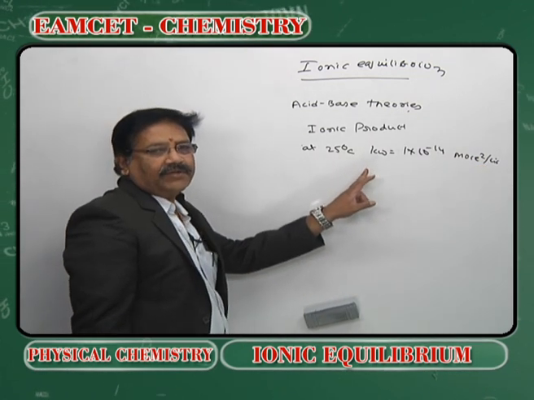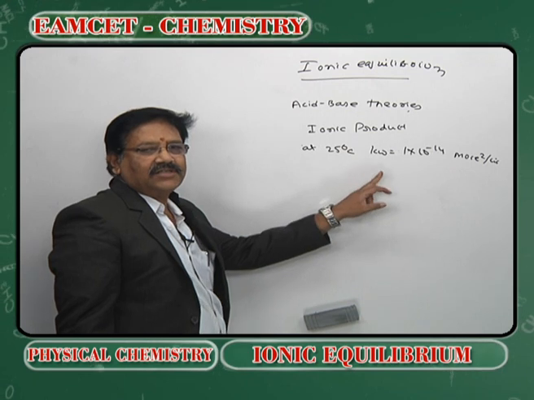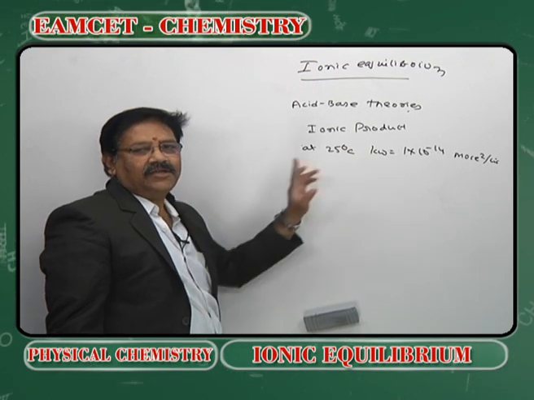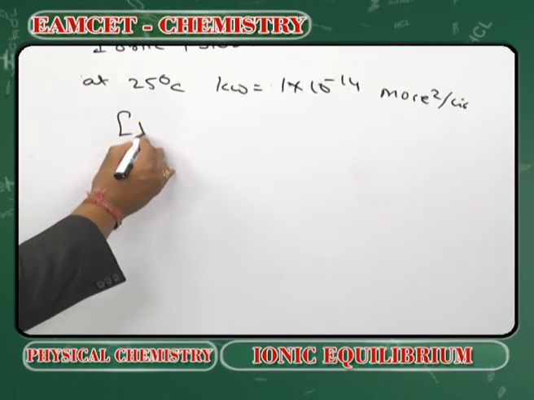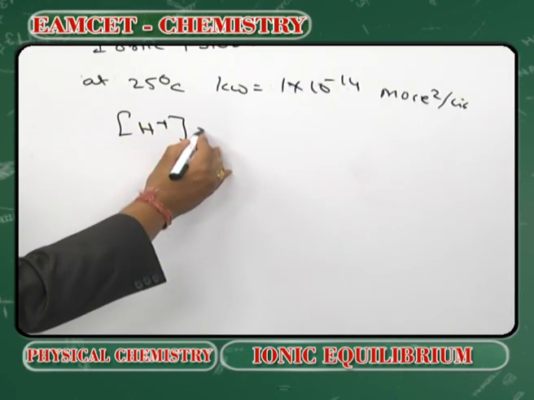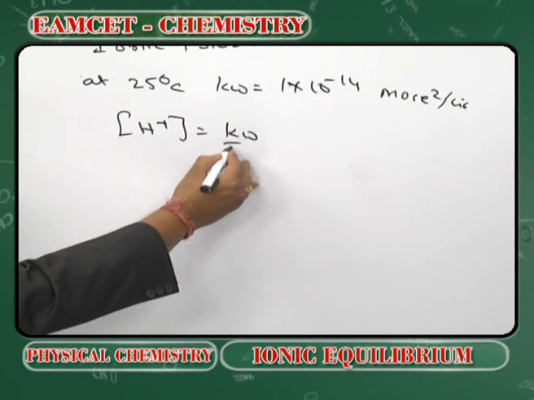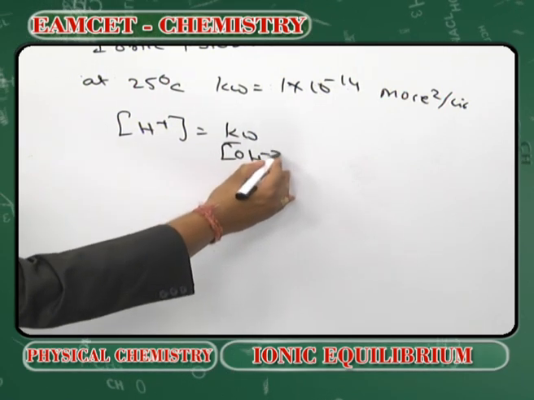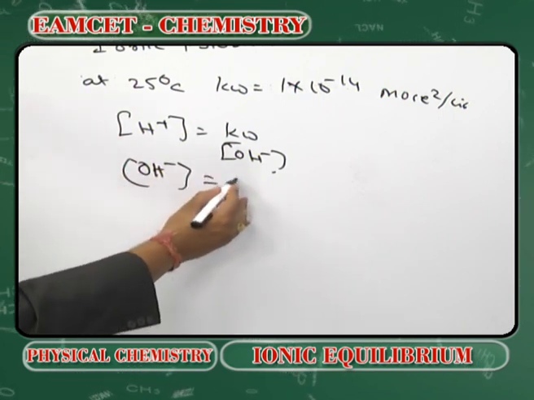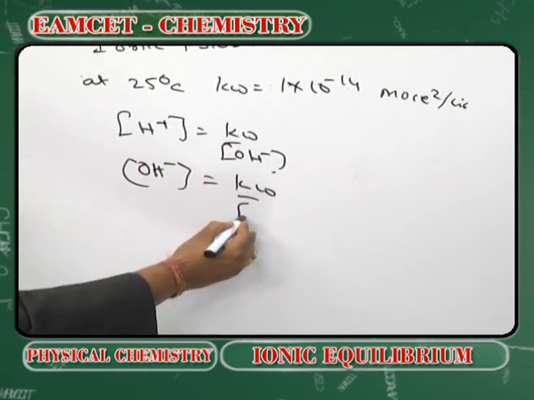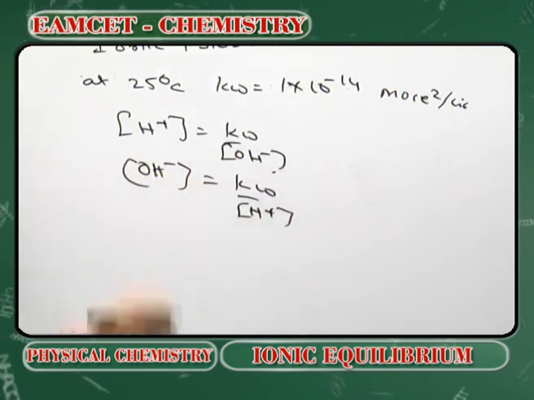Remember that the value of Kw will remain constant as long as temperature is maintained constant. In case of dilute solutions of acids and bases, H plus ion concentration is equal to Kw by OH minus ion concentration, and OH minus ion concentration is equal to Kw by H plus ion concentration.